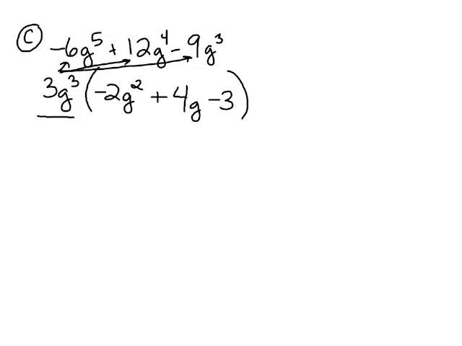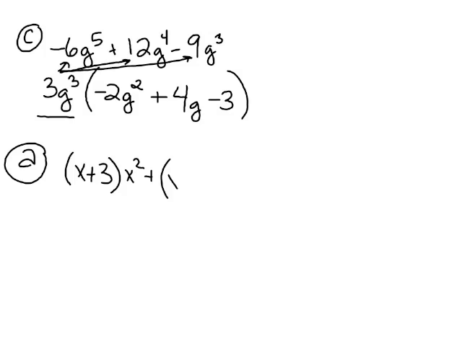Back on page 99, the next way we can factor is we factor out something bigger. So example A, we have x plus 3 times x squared plus x plus 3 times 5.